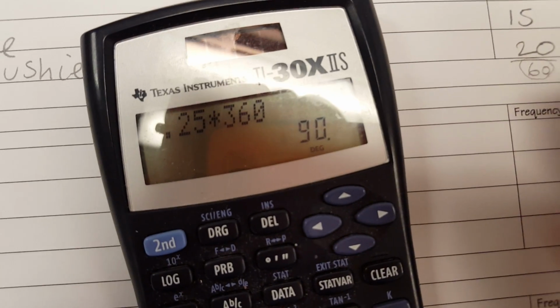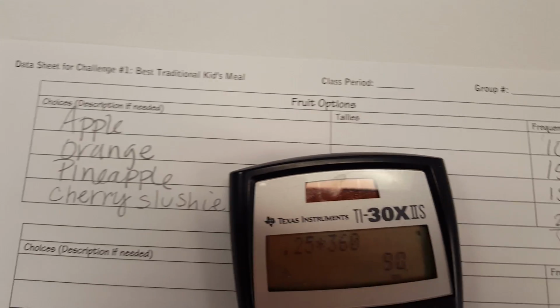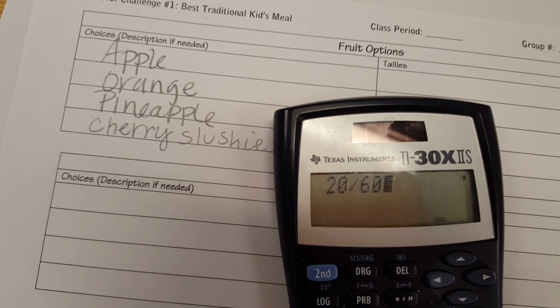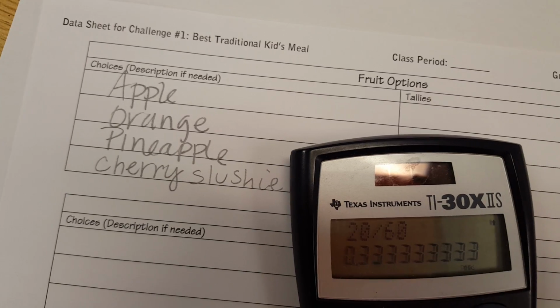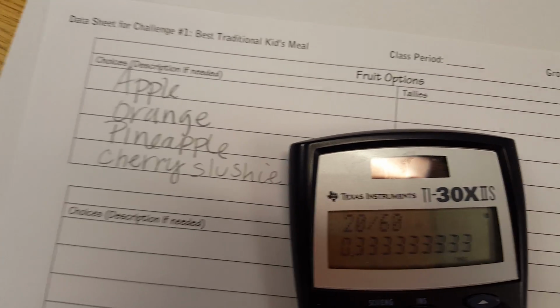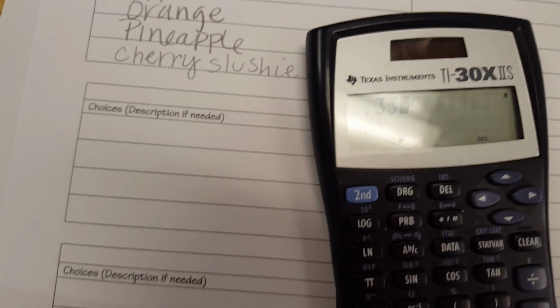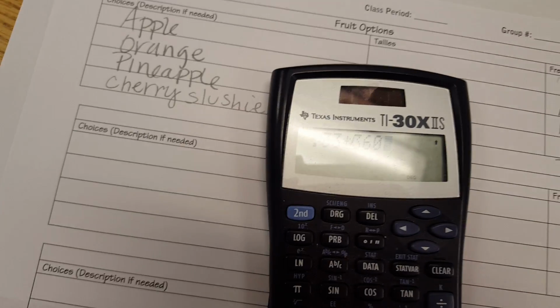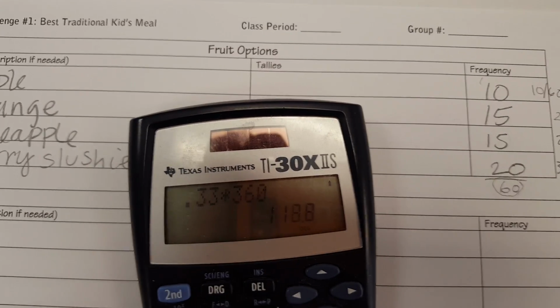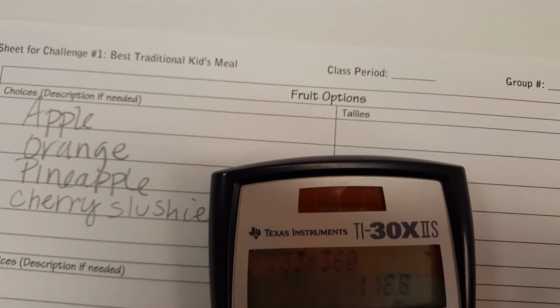So this one's also going to be 25% and 90 degrees on my protractor, and 20 out of 60 is 1/3. So that's going to be 33%, which is going to be 0.33 times 360, which equals 119 degrees. Okay, so now that I have that data, I'm ready to make my circle graph.